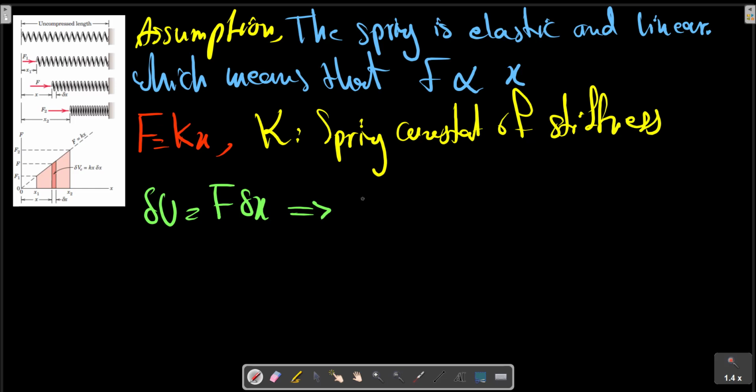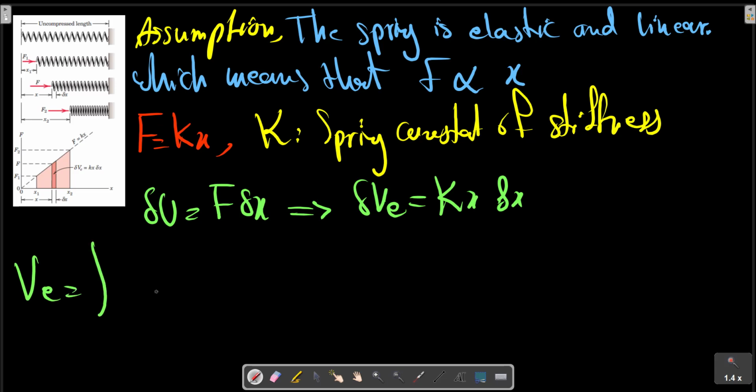Replacing F with kx, the elastic potential energy change delta VE equals kx delta x. So VE can be obtained by integration from 0 to x.